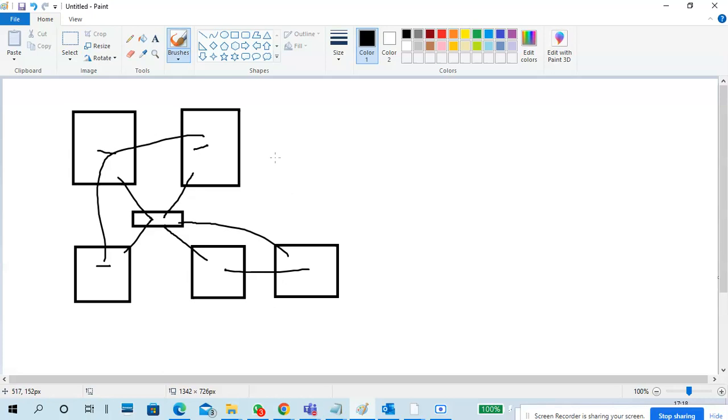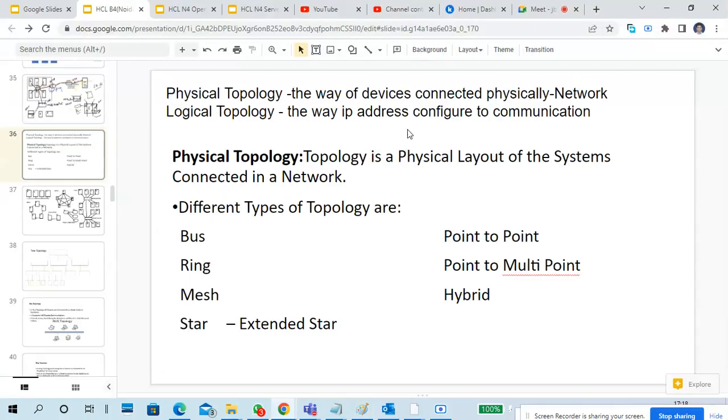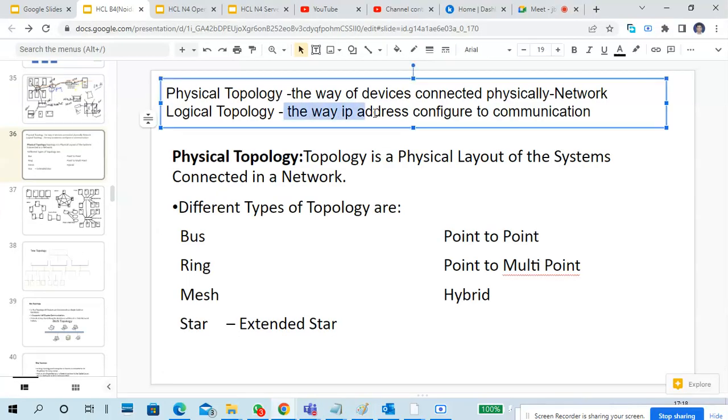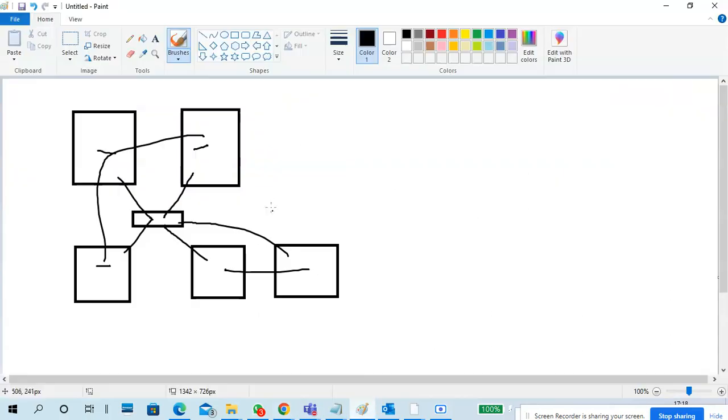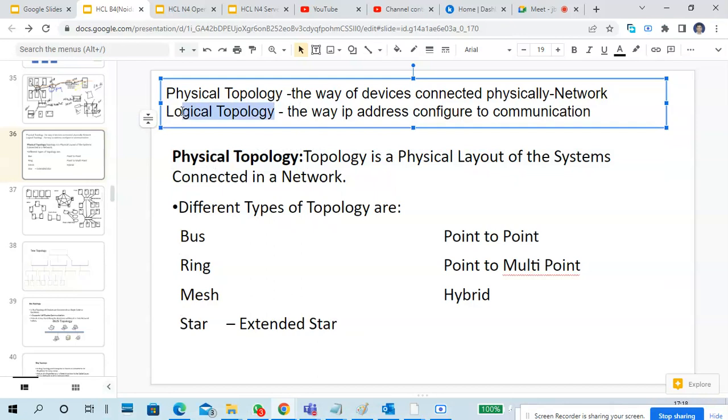Logical topology defines the network based on the IP address or IP network configuration. Logical topology will be defined by the IP address network.